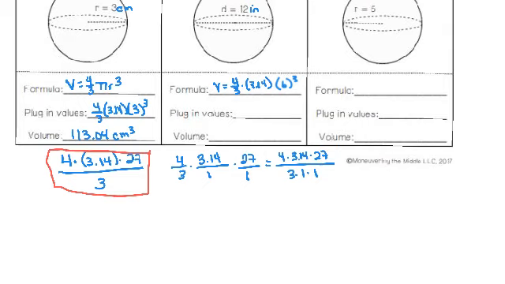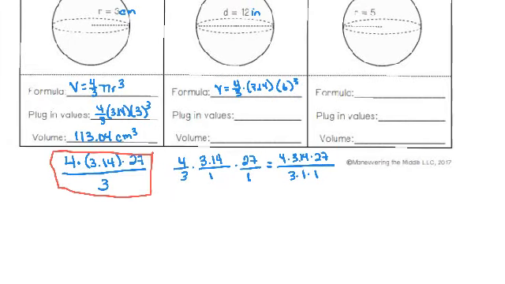Well, 6 times 6 is 36, and 36 times 6 is 216. I just stuck it in my calculator. So now 4 times 3.14 times 216 equals 2,712.96 divided by 3. And so I get 904.32 inches cubed. That's how much that sphere can hold.